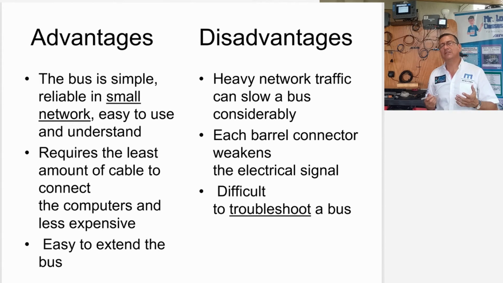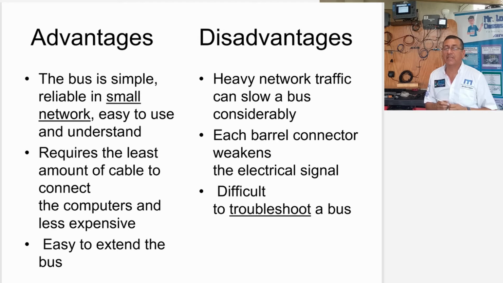Those are the advantages and disadvantages of the bus topology. Advantage: the bus is simple, reliable in a small network, easy to use, easy to understand, requires the least amount of cable possible, and is easy to extend. Those are the advantages of the bus topology.